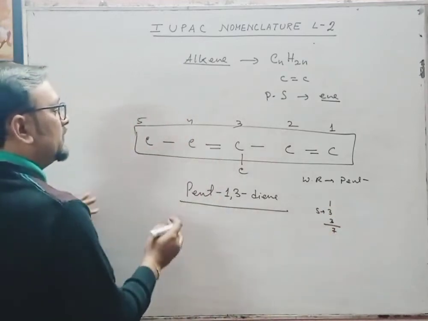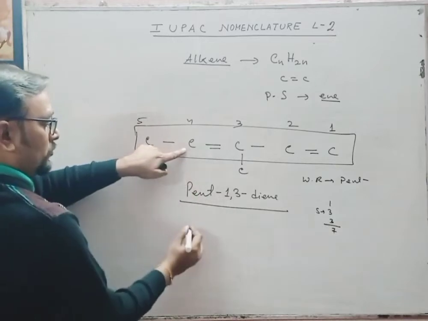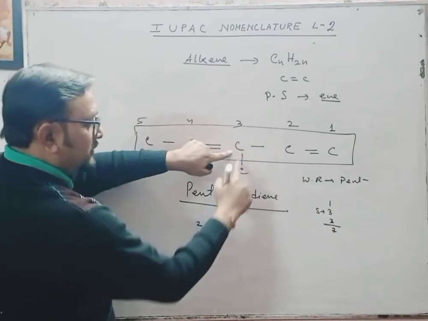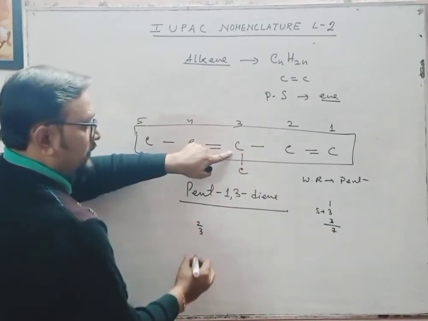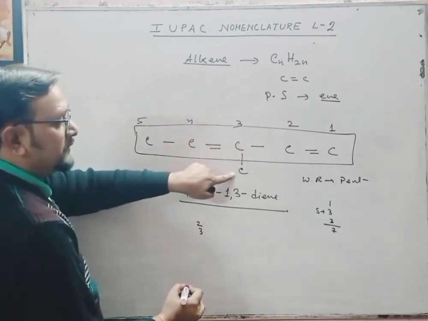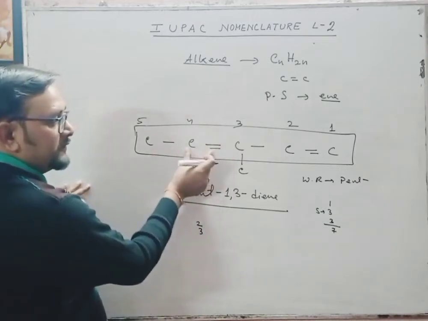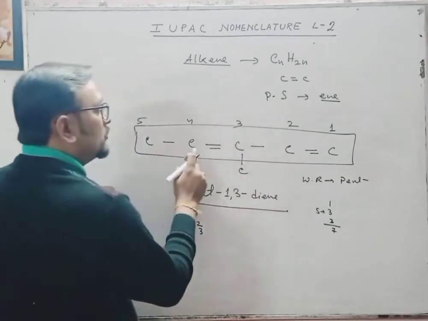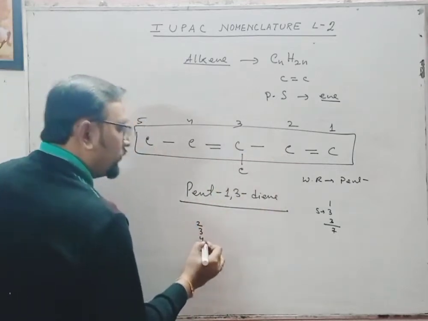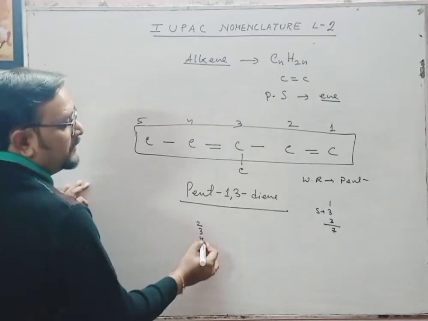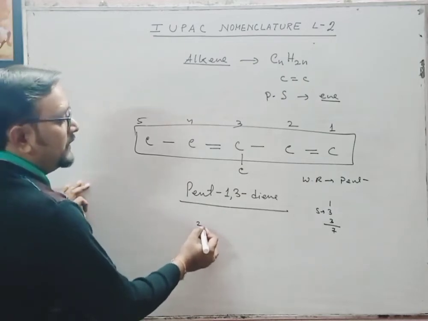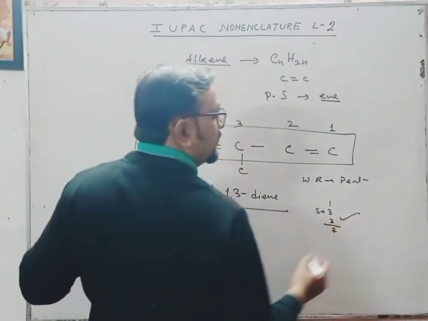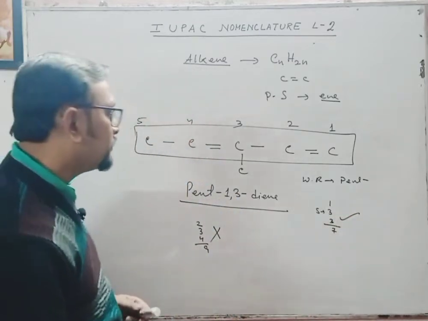But if I start numbering from this side, then 2 for the first double bond, 3 for the substituent, and finally 4 for the other double bond. So what is coming? 4 plus 3, 7, plus 2, 9. So 9 is coming. So I will not go by this, I will always take the minimum sum. Okay, understood all of you?